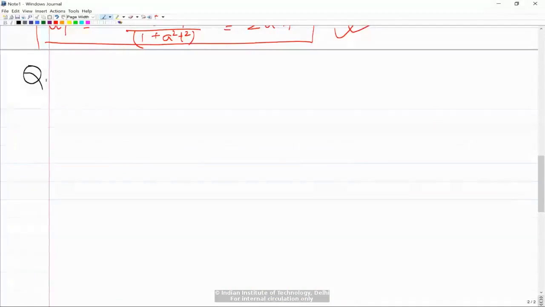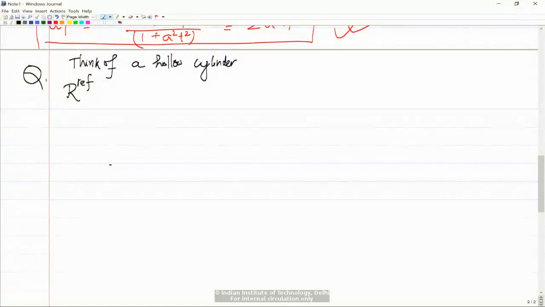So think of a hollow cylinder which is occupying the following region in the reference configuration, R ref. All of you know a hollow cylinder, right? It has inner radius, outer radius, and it has some length.